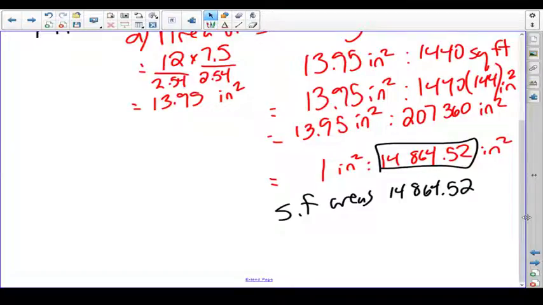What do you think we do? Nope. Hint. If the scale factor for the measurements is doubling, what's the scale factor for the areas?